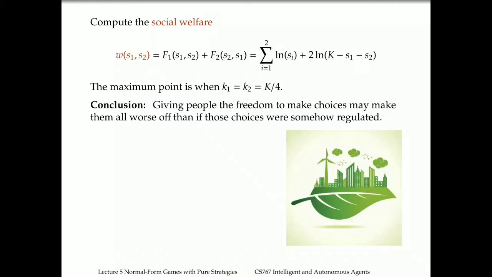The conclusion, the moral of the story, would be that giving people the freedom to make choices may make them all worse off than if those choices were somehow regulated. So we need some regulation.